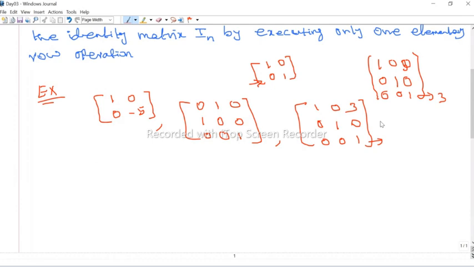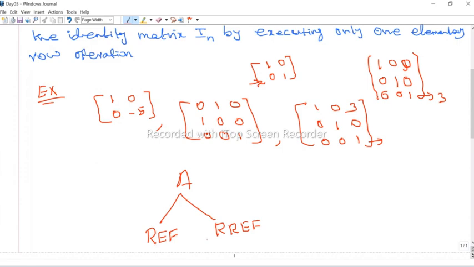Given any matrix A, we know how to get its row echelon form and its reduced row echelon form. Given any matrix, we have a unique reduced row echelon form.